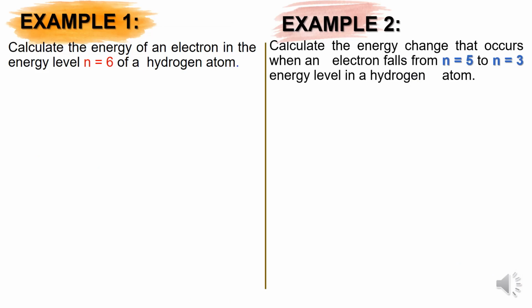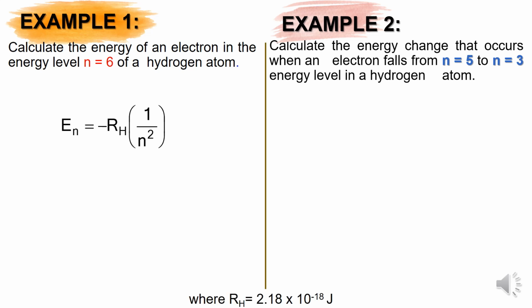Next, we go to examples. Example 1. Calculate the energy of an electron in the energy level n equals 6 of a hydrogen atom. To calculate the energy of an electron at n equals 6, we use the formula En equals negative RH times 1 over n squared.